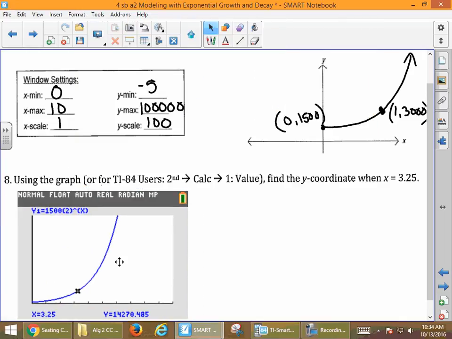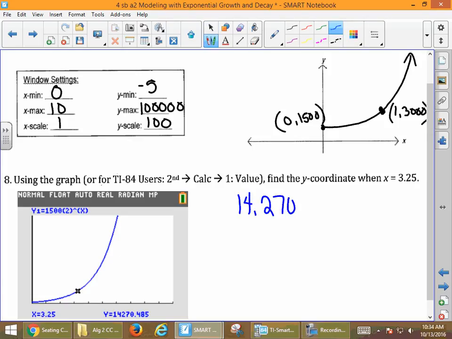So it says find the y-coordinate when x is 3.25. Well, it's 14,270.485, which we just rounded a little bit on the front there in terms of the bacteria. And that should look familiar to you.